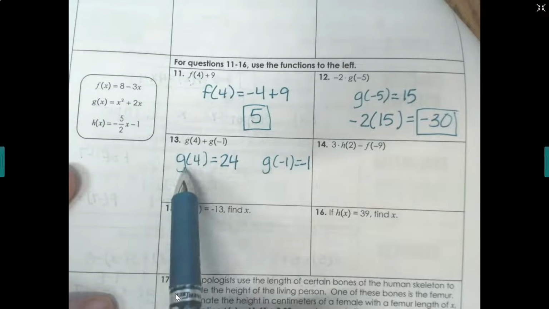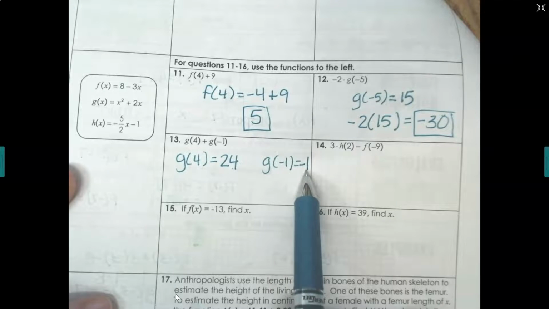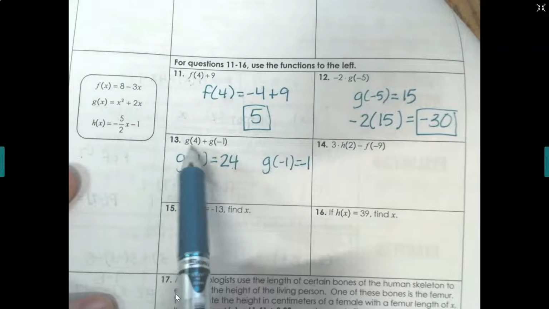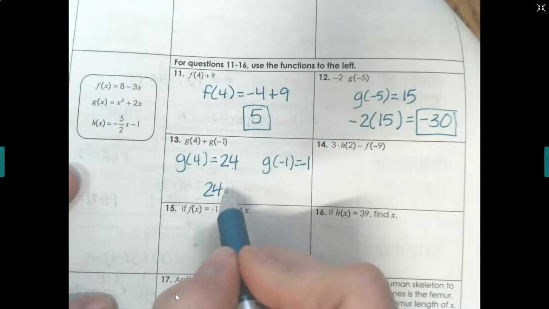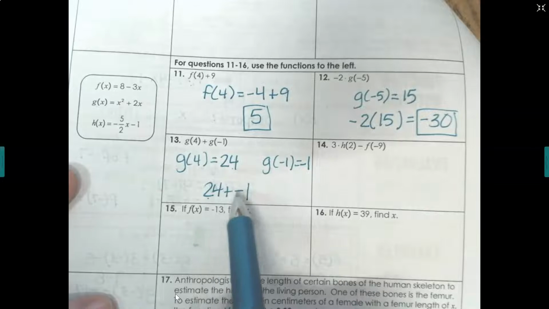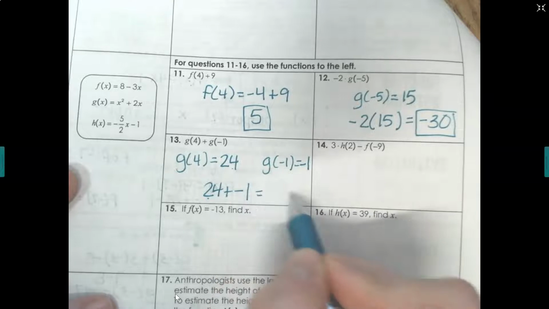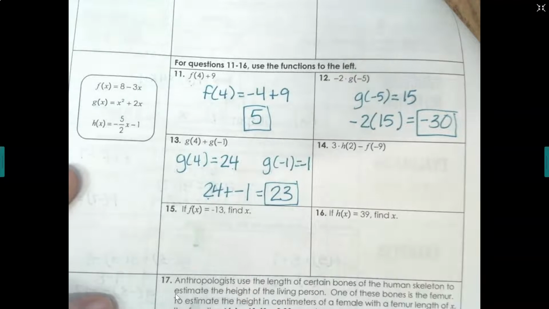Now go back to what it asked. It said take whatever g of 4 is and add to it whatever g of negative 1 is. So this says 24 plus a negative 1, which is just 24 minus 1, which is 23.